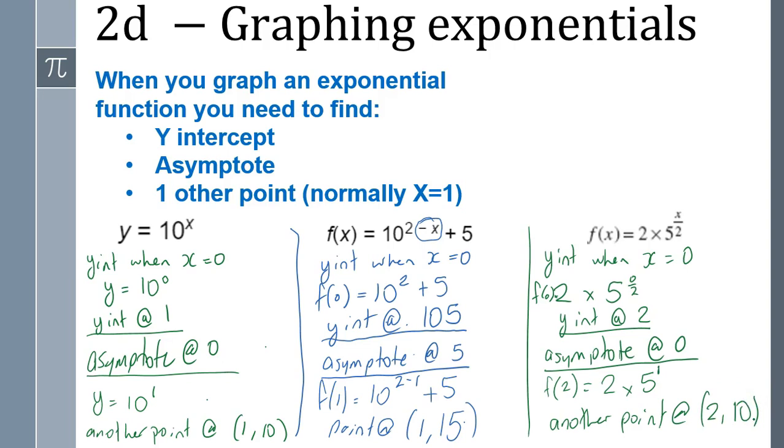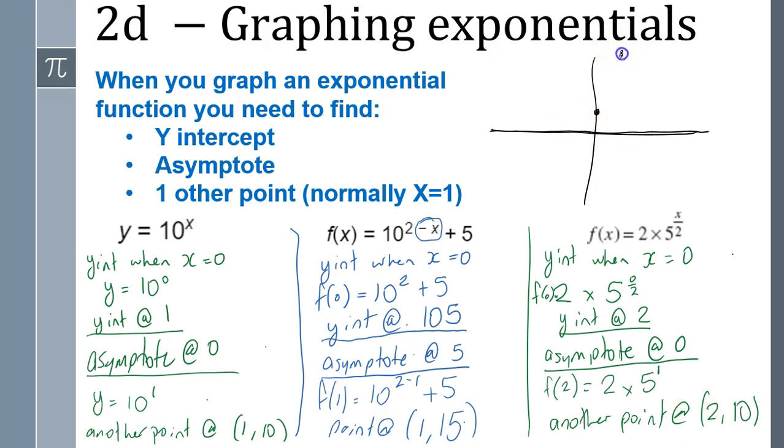Okay, so let's graph this. We might go up here and we're going to put our points in. So our y-intercept is at 2. Our asymptote is at 0, so it's along the x-axis. And we've got another point at 2 comma 10.